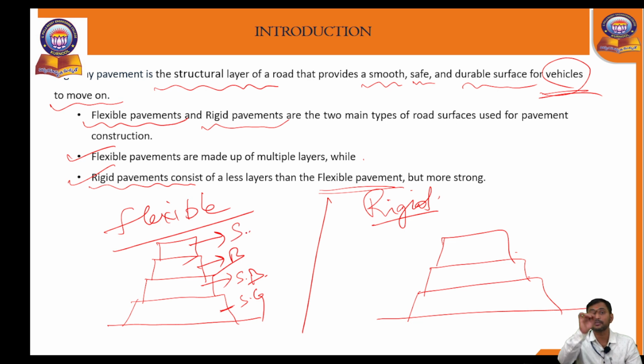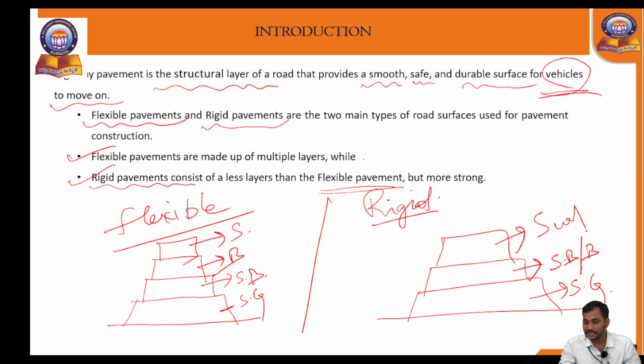Coming to the rigid pavement, it also starts from the base of the ground, the subgrade layer. The second layer is either sub base or base, any one. The third layer is the surface layer.